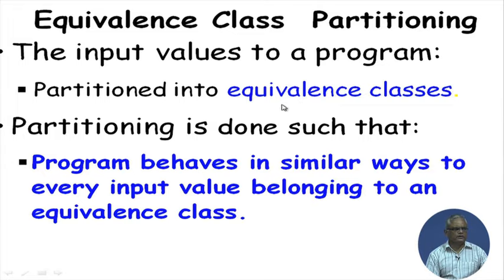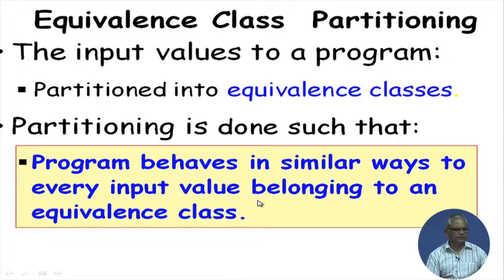The idea is that we partition the input data into a number of classes, such that when you consider a value from any class, the result will be the same as considering any other value from the same class. So, the program behaves in a similar way for every input value belonging to an equivalence class.